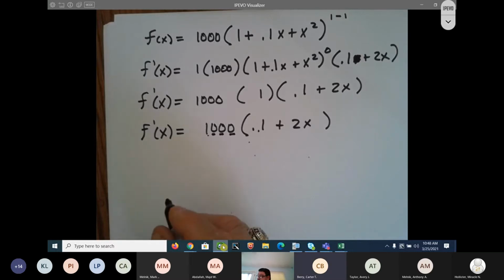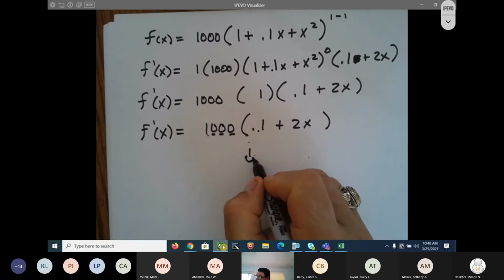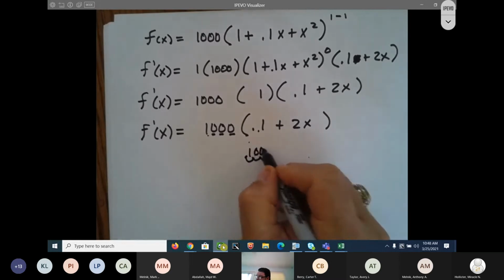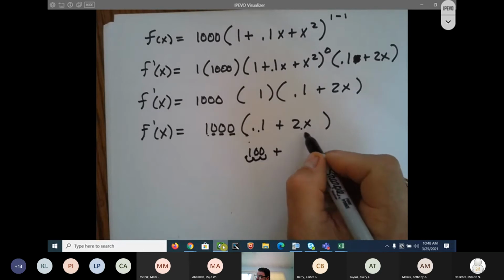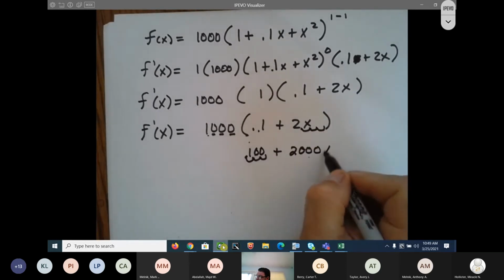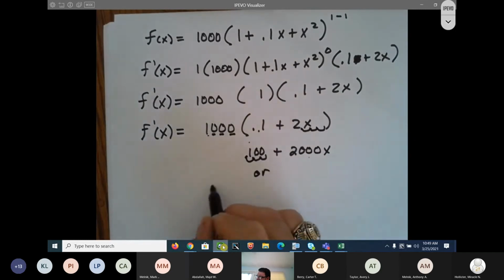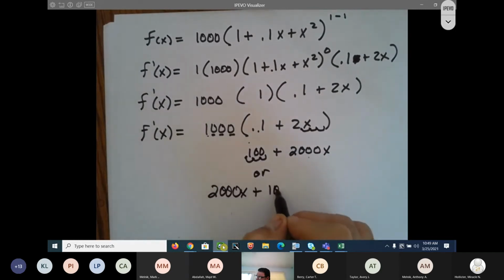You just move it over 3 places. So 1, 2, 3. 100 plus the decimals right here, 1, 2, 3. 2,000x plus 100.